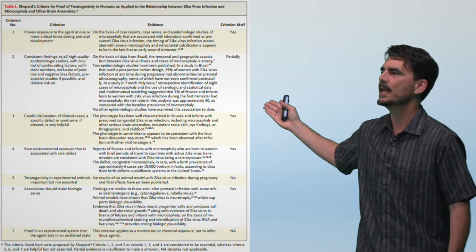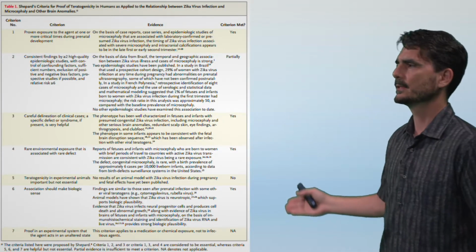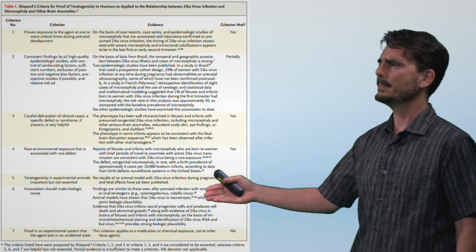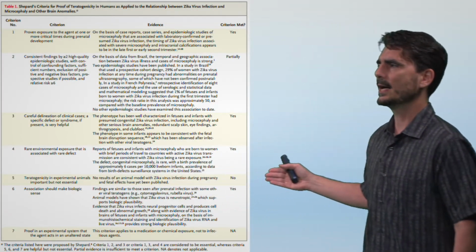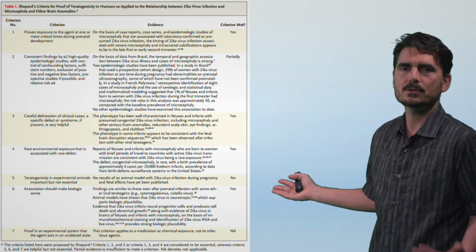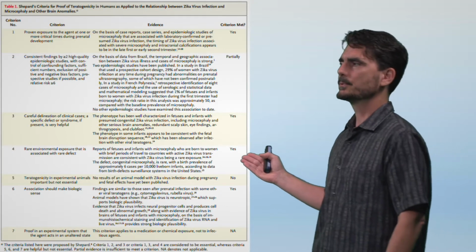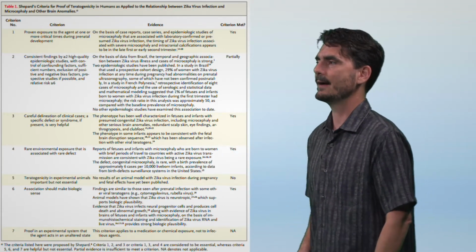And what you can see is that most of the criteria have been met, right? One of them is, in experimental models, there are no results from animal models in Zika virus and microcephaly, so there's no evidence. So it's not that we have a lot of animal models and it just shows none, right? We just don't have that.